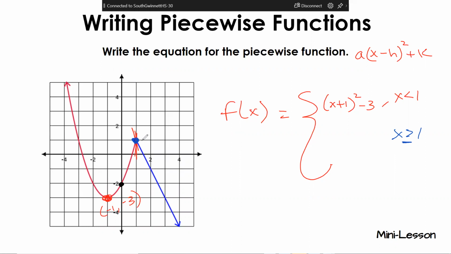Well, we can see that the slope is over 1 and then down 2. So the slope for this one is going to be up 2 over 1. So it's going to cross at y equals 3. And our slope was -2x. So there's our equation.